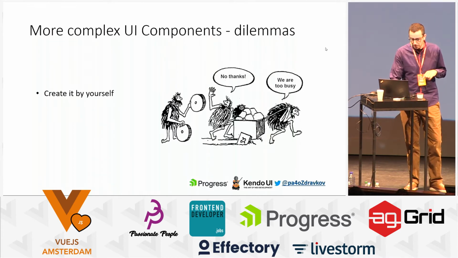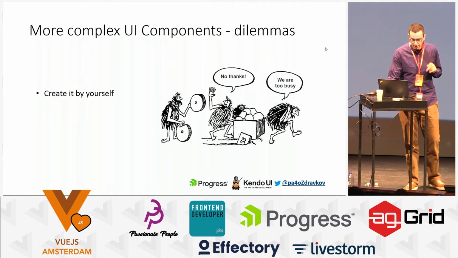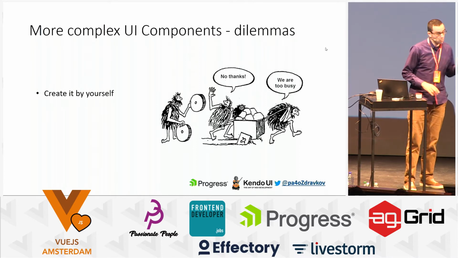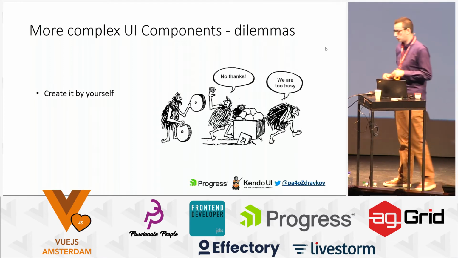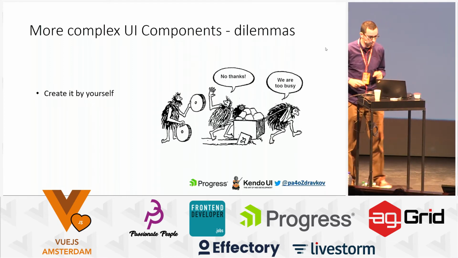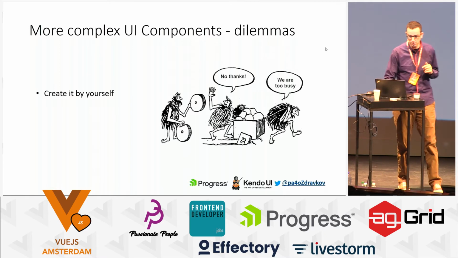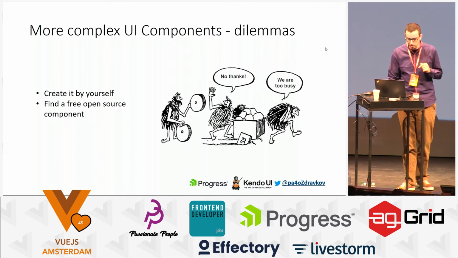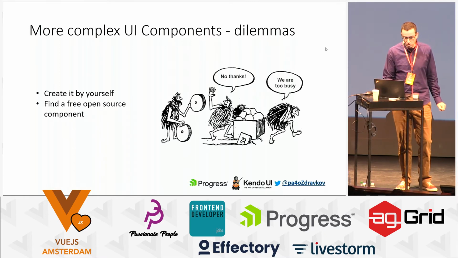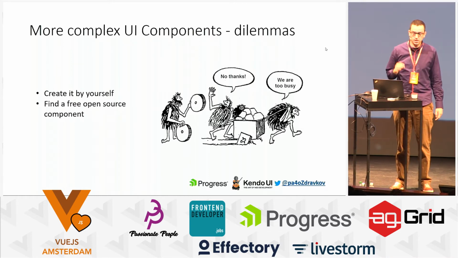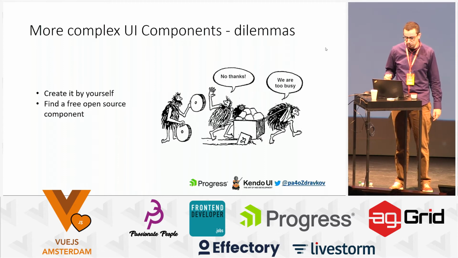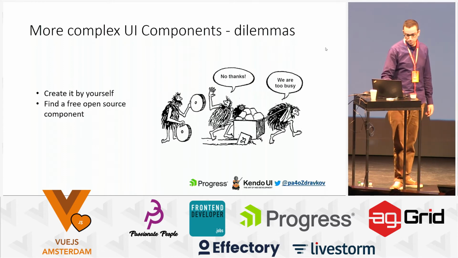There is another dilemma that comes here. Create it by yourself, like with all this that I showed you now. This is the perfect choice for me if you have a nice team and you have time to create it and you are able to support it. Another chance is to choose a free open source component and put it in your project. In Vue.js, it's a great community, and there are many nice components and you can find them on GitHub.